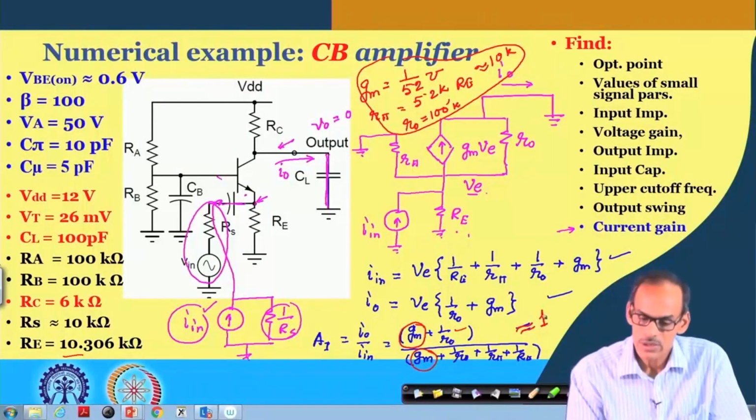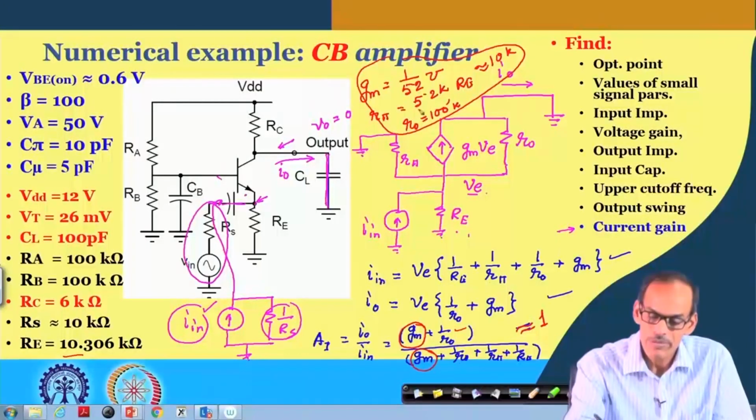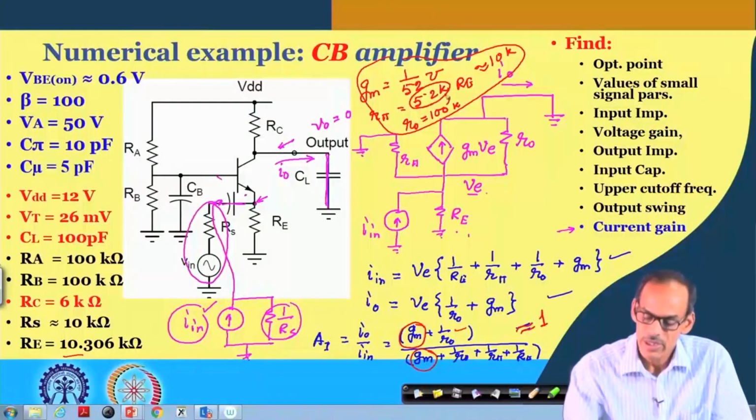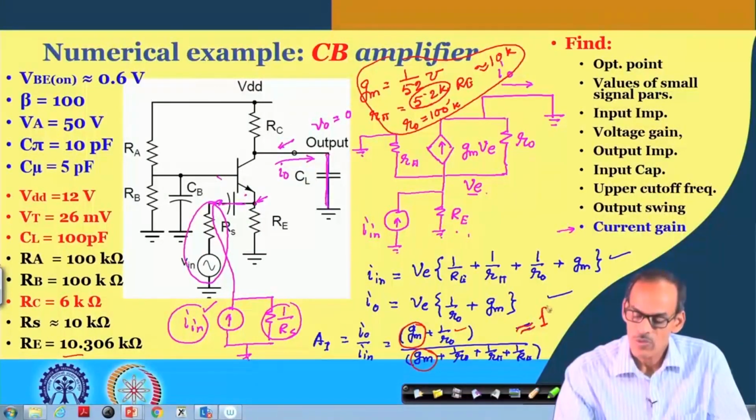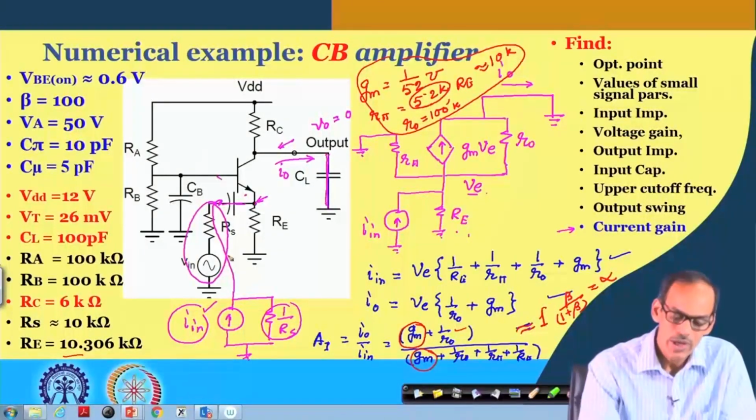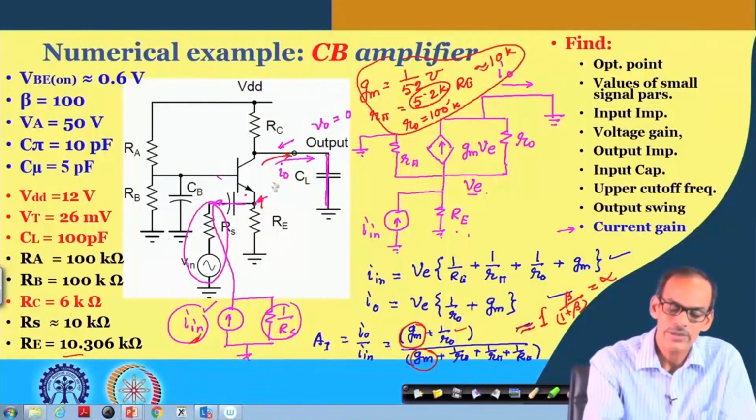If you want a better approximation, you can retain this part and find the value here, and instead of 1, to be more precise, it will be beta divided by 1 plus beta. In fact, this is alpha, which means that if we have this I in entering at the emitter, the corresponding available current at the collector will be alpha times of this transistor.